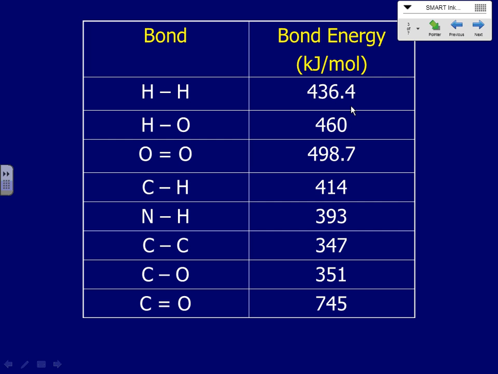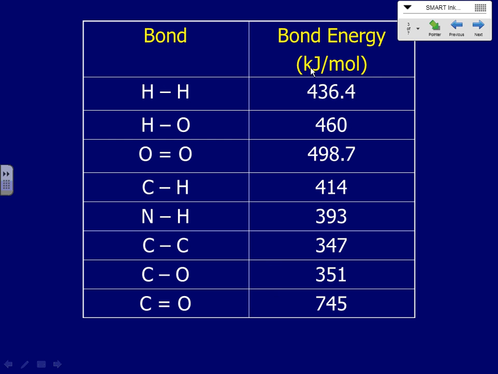Here we've got it to 4 significant digits. Hydrogen-oxygen, here we've got 3 significant digits, perhaps even 2. Here, do we have an oxygen-oxygen? No. Here we've got a double bond oxygen, a lot of energy to break or make that bond. Again, a C double bond O, a lot more energy than the C single bond O. So that tells us a little bit about the strengths of the bonds.